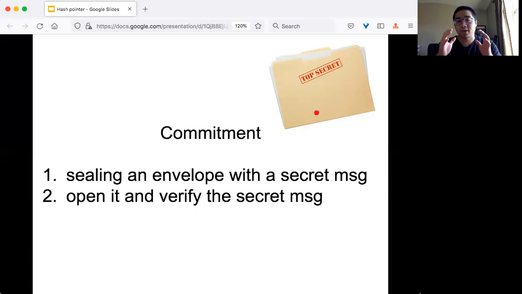The message should be kept secret. But when the receiver gets this envelope, he or she has the ability to unseal the envelope and verify that this secret message is actually from me, Louis, and that's called a commitment. And during this time, the secret message should not be modified.